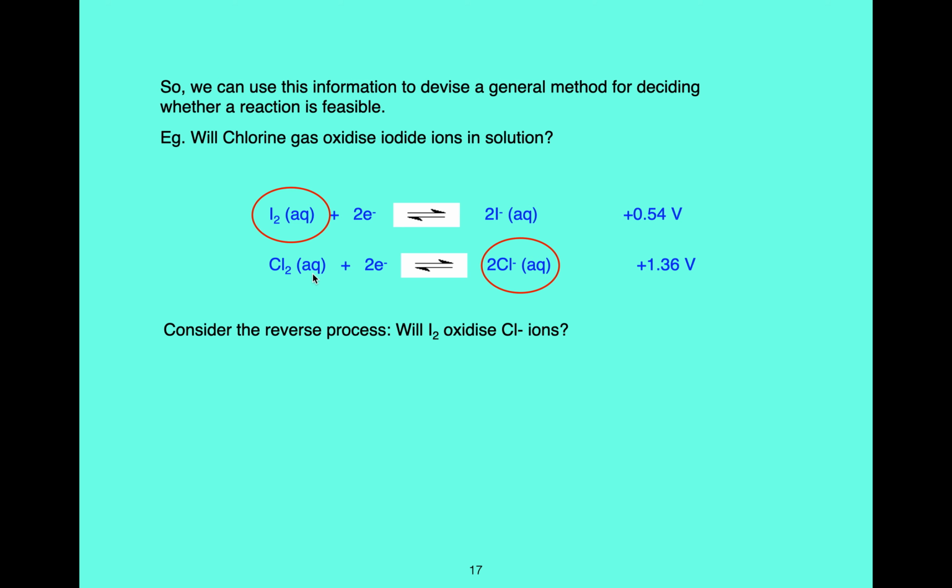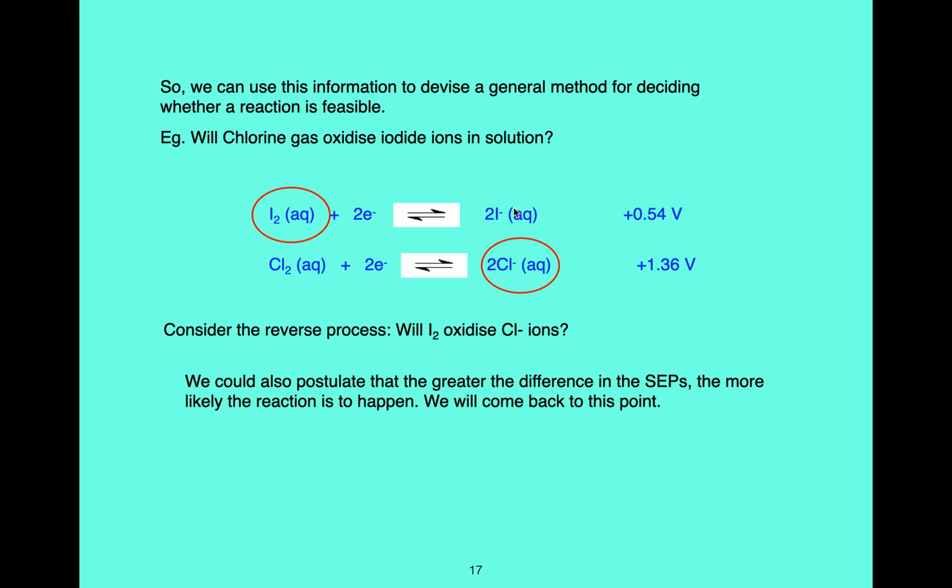You might get this question in an exam: will iodine oxidize chloride ions? Well, no, because given the electrode potentials, iodine is the more negative, so it's more likely to release electrons, and the chlorine is more likely to accept electrons. So the reverse process is not feasible.